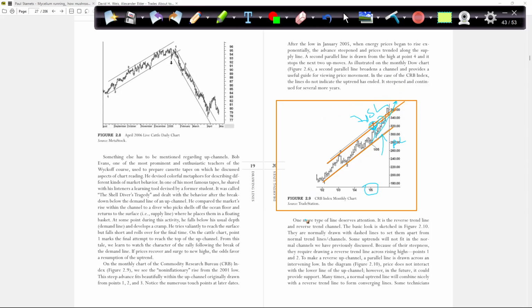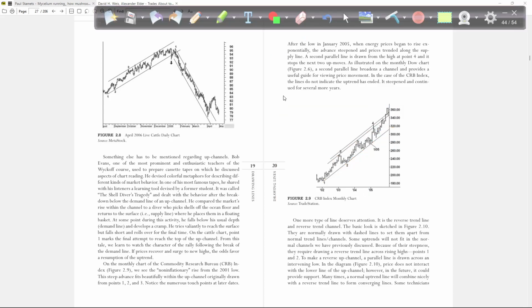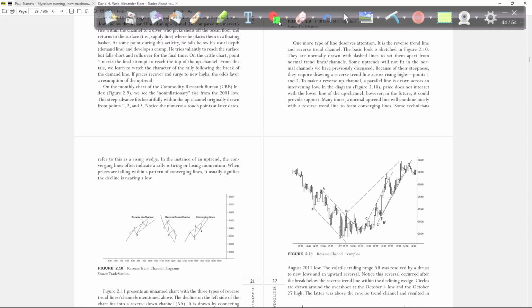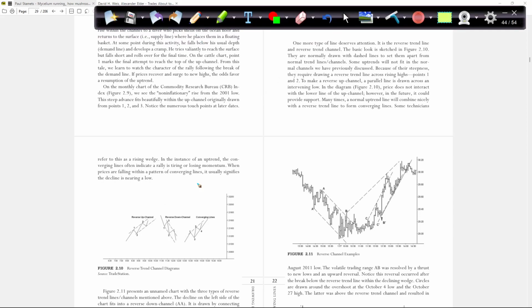Okay. One more type of line deserves attention. It is the reverse trend line and reverse trend channel. The basic look is sketched in figure 2.10. So we are moving on to figure 2.10.